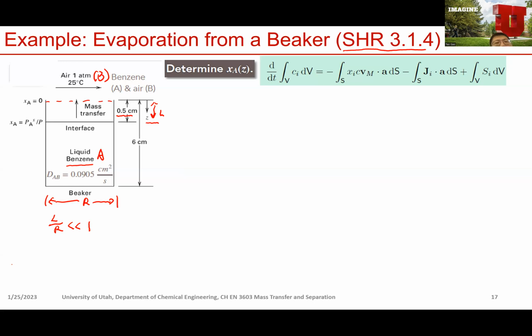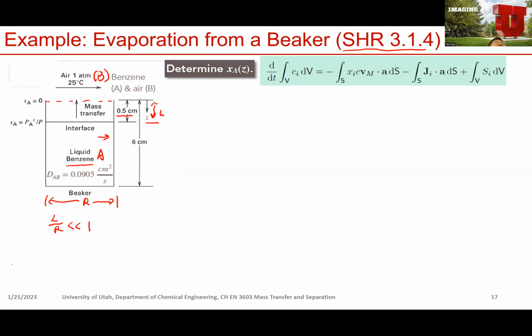We don't have to consider the variation of the mole fraction of A in the radial direction of the beaker. So that simplifies this problem again to a 1D mass transfer problem.